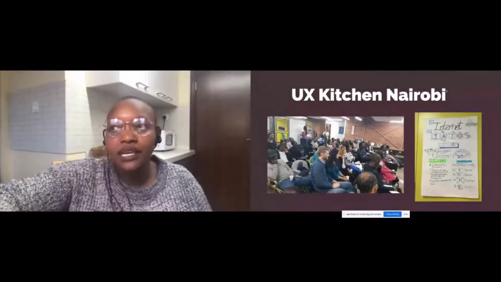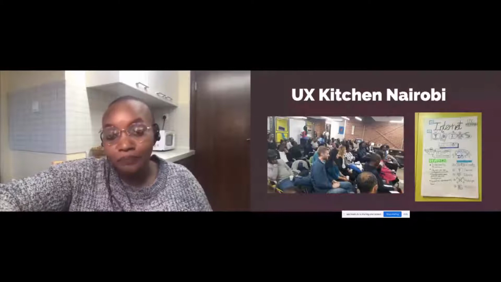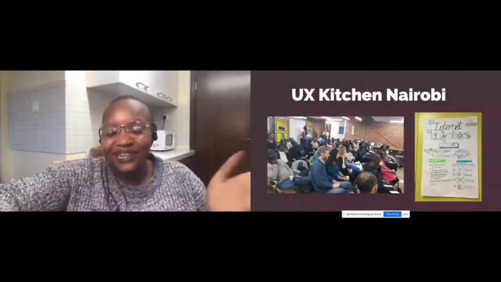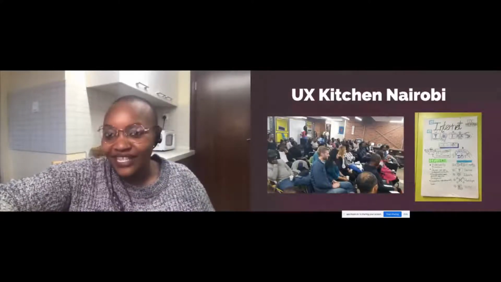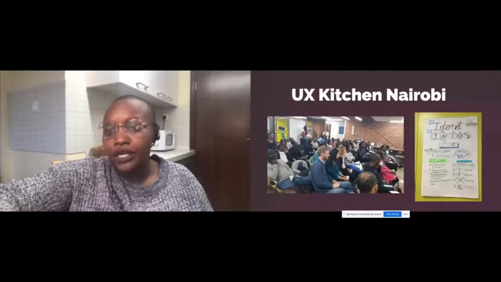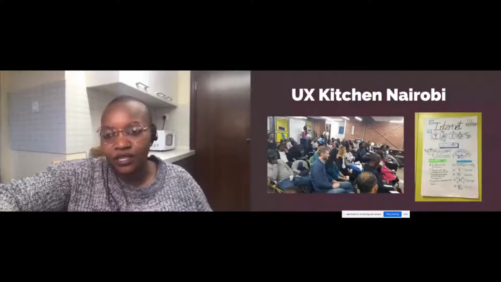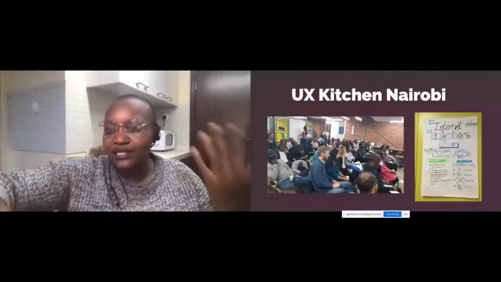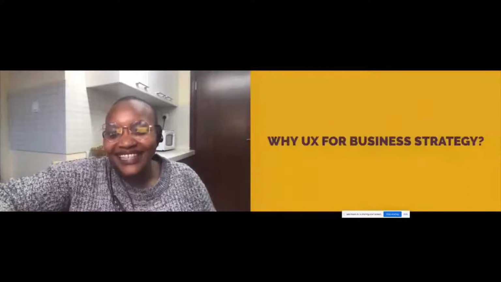We used to meet every first Thursday of the month, pre-corona. But thanks to Jesse and Peter, we can now do this. The photo on the right is one of our visual recordings, where an illustrator in Kenya called Nasho Mai takes notes for us. Whatever the speaker is saying, she draws it out so that it's easy for you to consume. I just thought it was cool to put it in the slide.